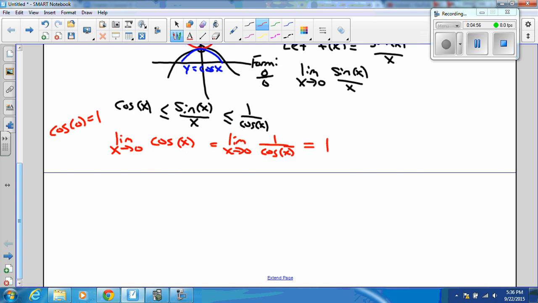And so these two limits are the same value, 1, here and here, and therefore I can conclude that the limit as x goes to 0 of sine x over x must be equal to 1 also. Now tomorrow we'll talk about how I came up with these two inequalities to begin with. But what I want you to see is that we met the conditions. We found a lower bound and an upper bound that both went to 1 at 0, and therefore sine x over x is forced to go to 1 at 0 also.